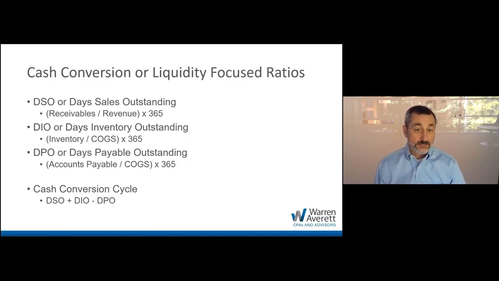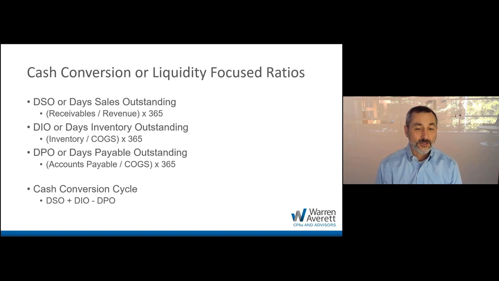So that's days that we have money outstanding in accounts receivable, plus days that we have money sitting in inventory, minus the number of days where we're using our suppliers' money, where we've perhaps gotten inventory but haven't yet paid for it.